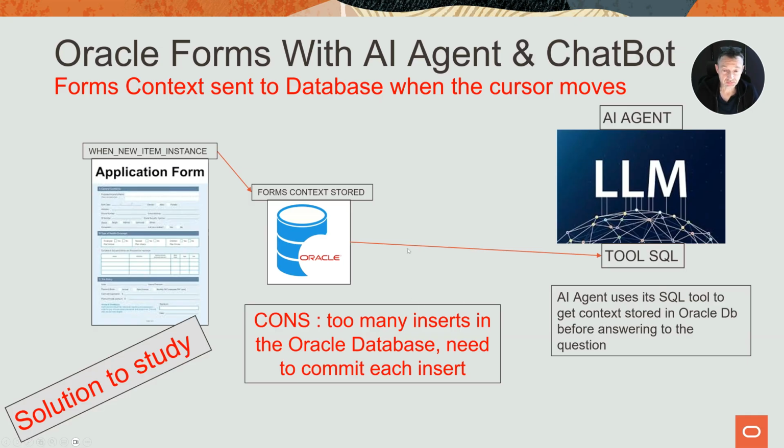Personally, I don't like this solution because you do too many inserts in the Oracle DB, and you need to commit each insert. So I don't have a good gut feeling with this solution, but why not?